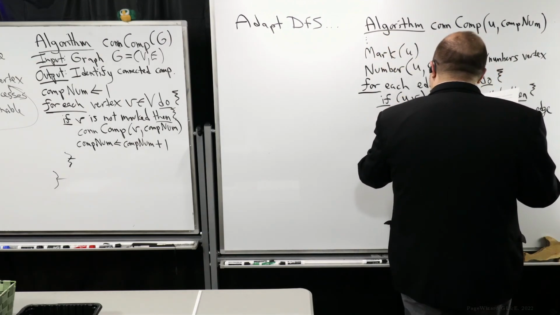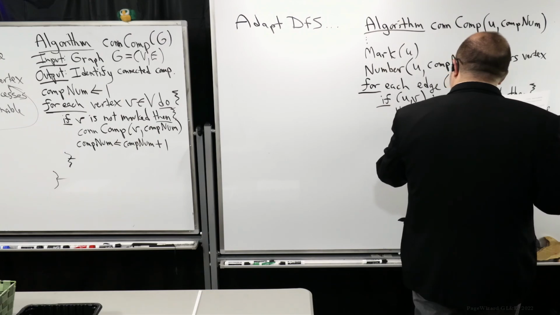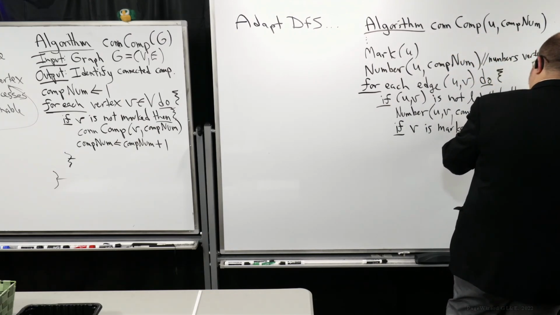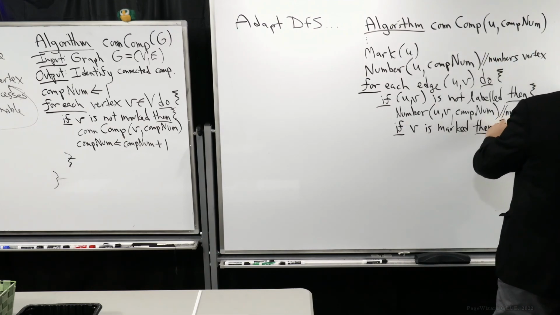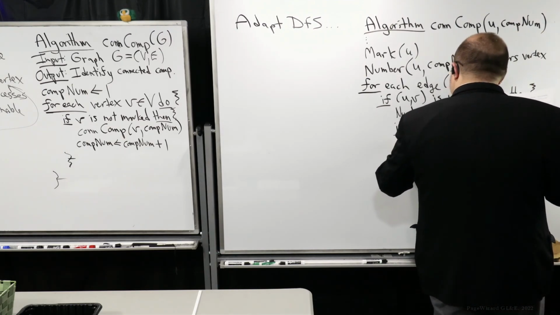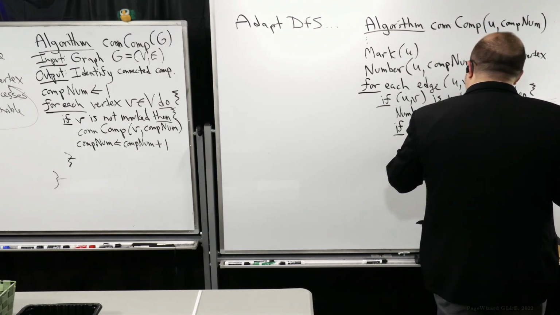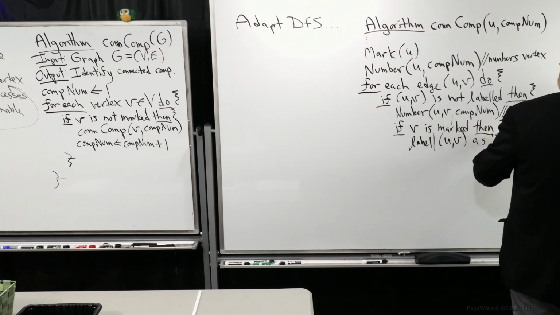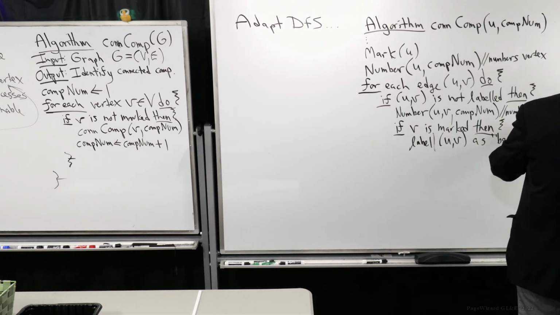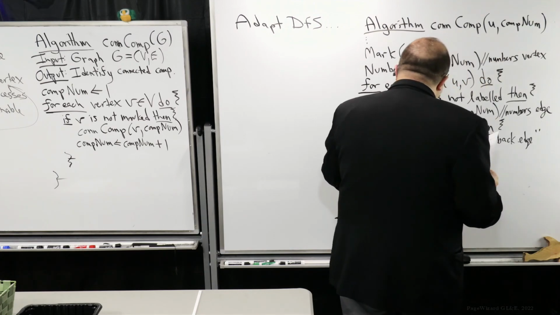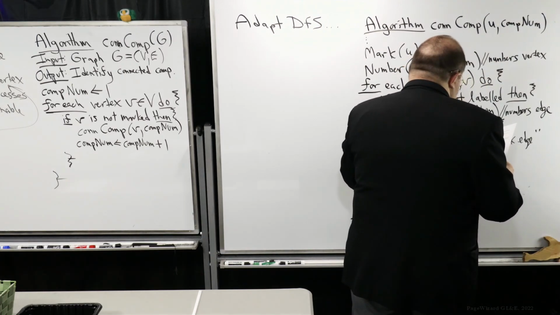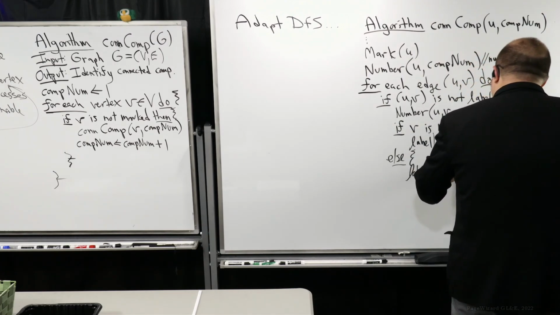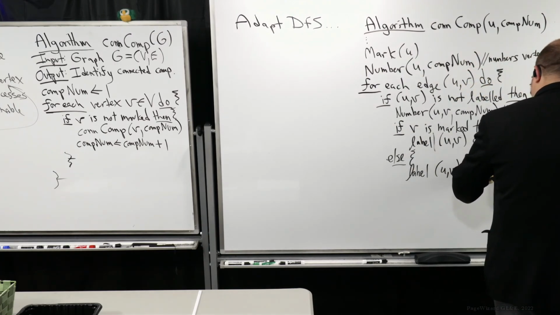Then we just do the same thing we did before. If V is marked, then what we do is we label UV as back edge, right? Otherwise, we're going to label UV as discovery edge or forward edge.